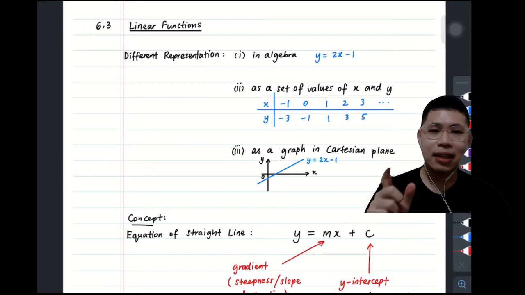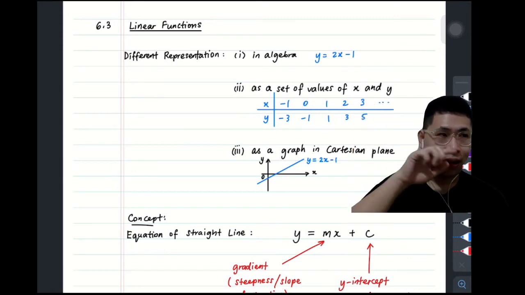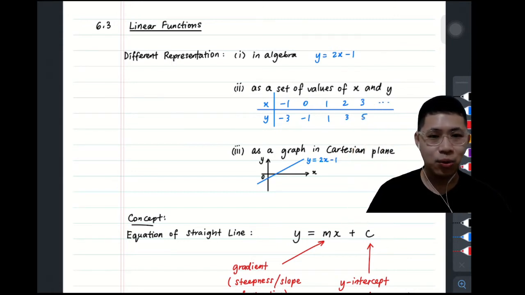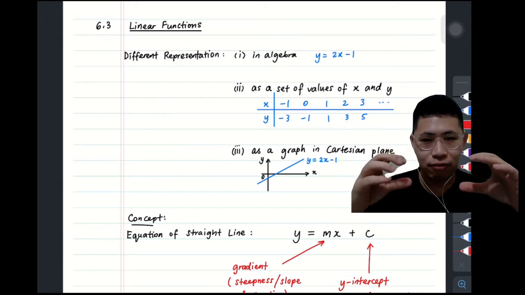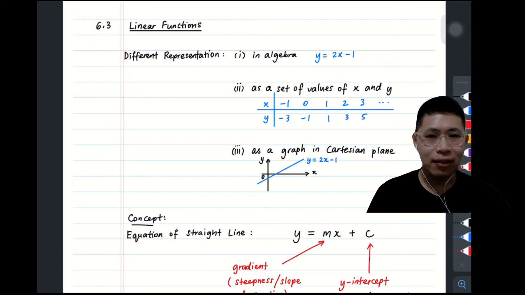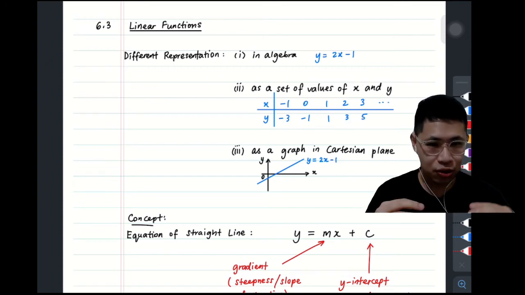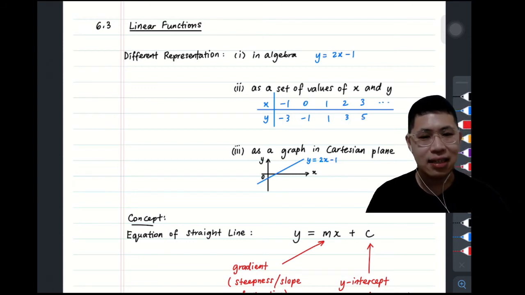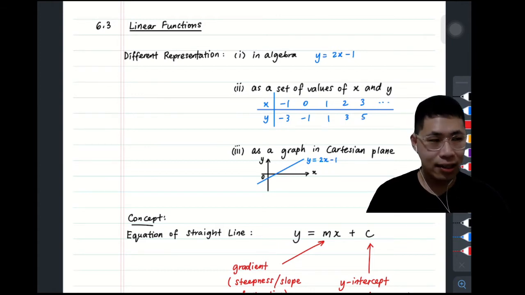First, we can represent it in terms of algebra, meaning y equals 2x minus 1 as an algebraic equation. We can express a function as an equation. Next, we can express it as a set of values of x and y.